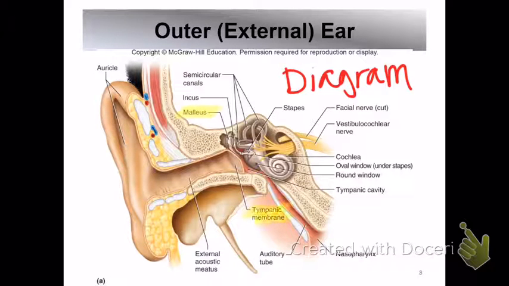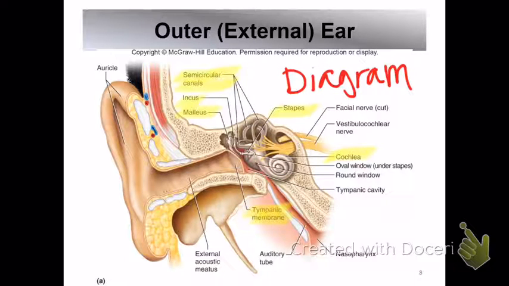Where the tympanic membrane is, be able to pick that out. The incus, the stapes, and the semicircular canal. We haven't gotten into the cochlea yet, but you'll see how it's shaped like a snail. Can y'all see that? Right here, this part. You should be able to pick that one out pretty easily.